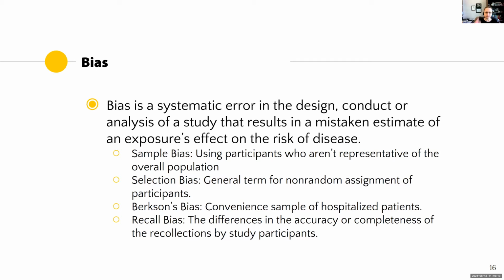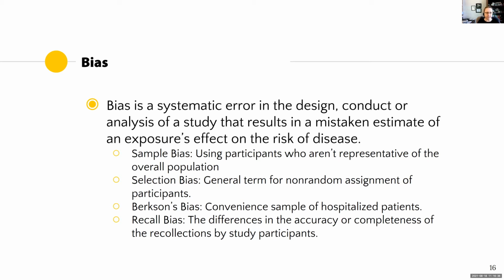Hospitalized patients tend to be sicker, but maybe they're better taken care of than the general population because they're in the hospital. So that's a convenient sample, and it can be more than just hospitals. Any convenient sample is something you've got to watch for and note if you're going to use it in your research.